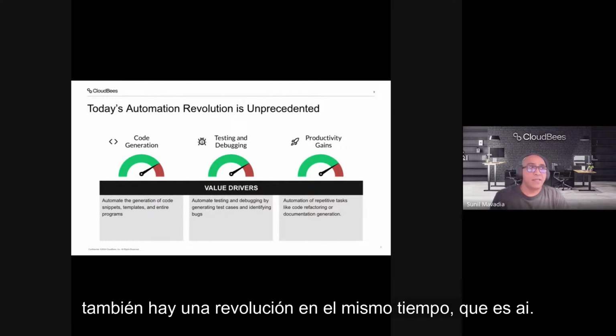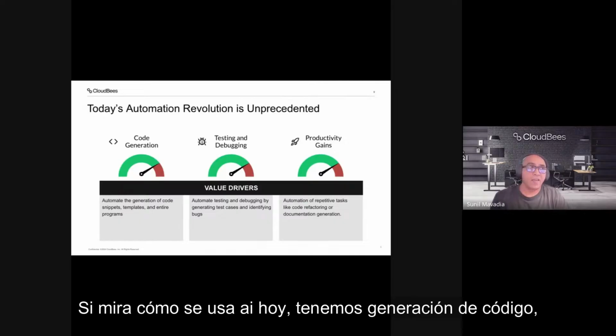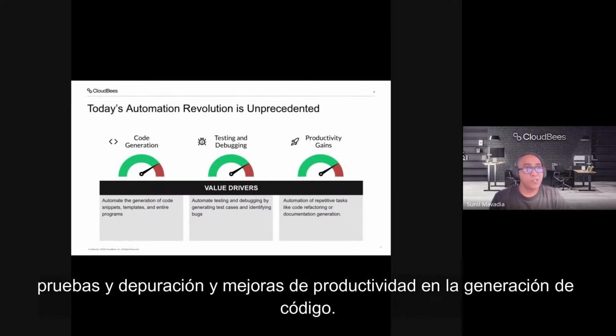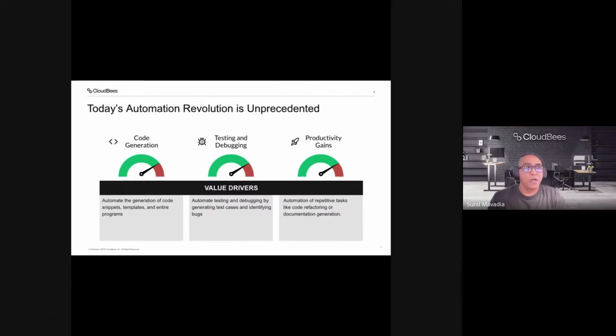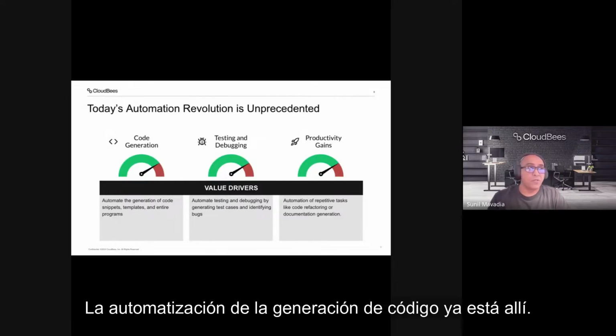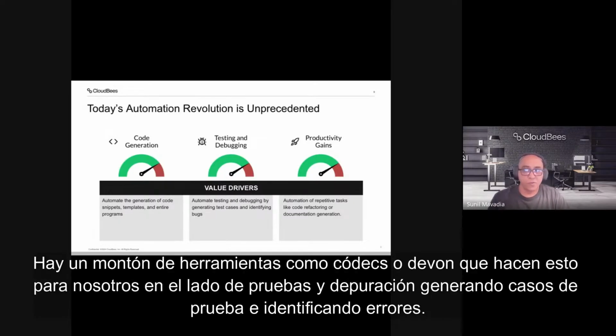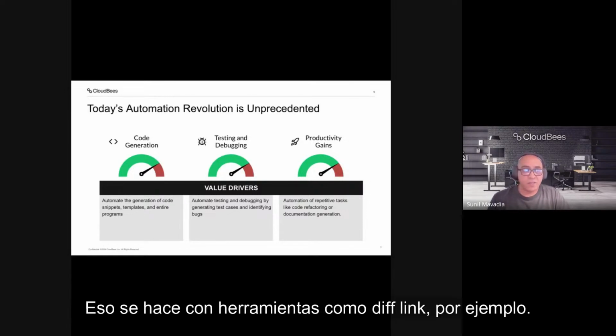Now, with that said, there is also a revolution going on right at the same time, which is AI. And if you look at how AI is being used today, we have code generation, testing and debugging, and productivity gains. Within code generation, automation of the generation of code is already there. There's a bunch of tools out there like Codex or Devon that do that for us. On the testing and debugging side, by generating test cases and identifying bugs, that's done with tools like Diffblue, for example.